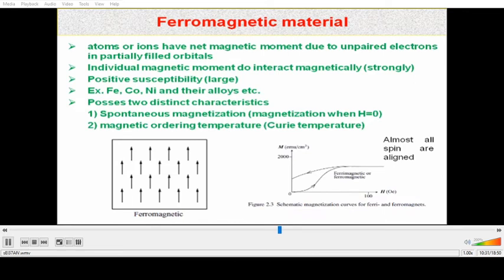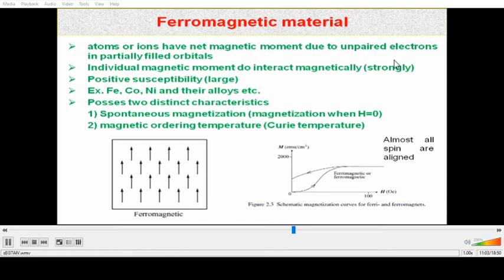So now the third type, that is ferromagnetic material. In this kind of material, atoms or ions have net magnetic moment due to unpaired electrons in partially filled orbitals. Obviously, ferromagnetic materials exhibit positive susceptibility because of unpaired electrons available in partially filled orbitals.